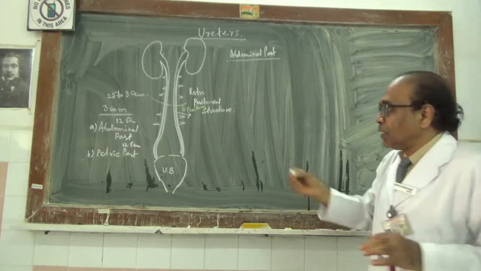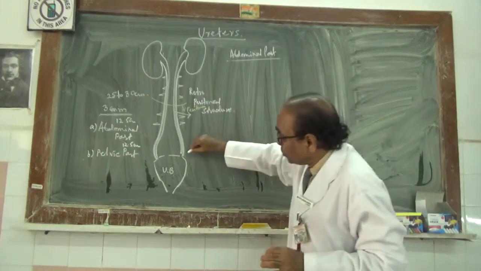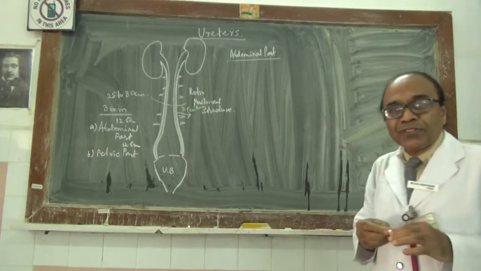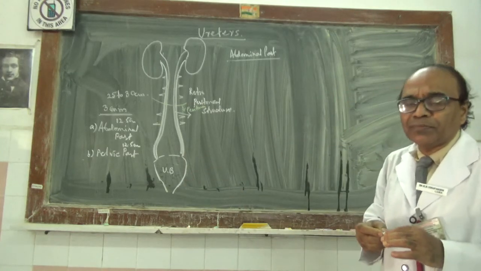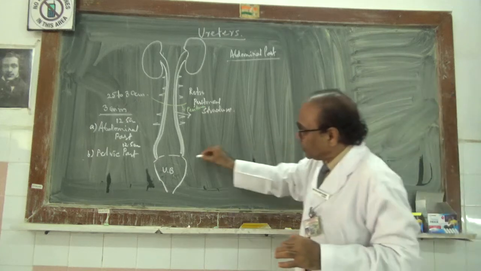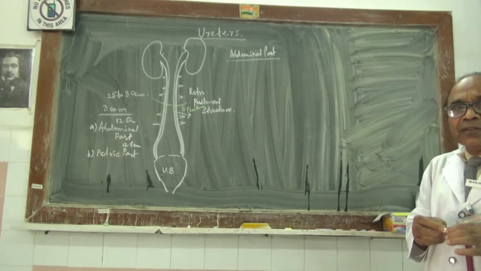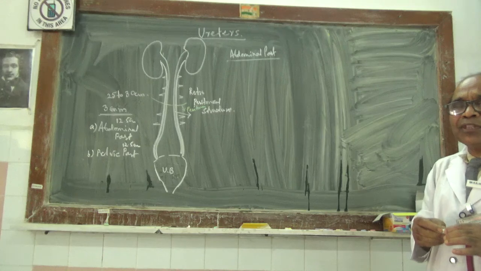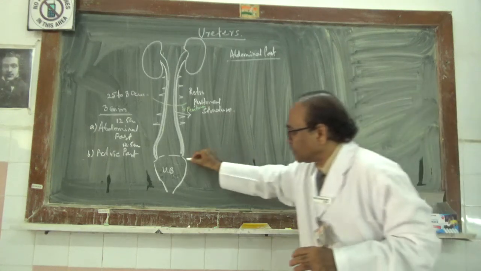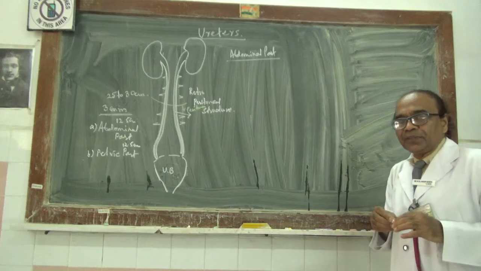That is the abdominal part. While the pelvic part starts from the brim of the pelvis to the entry into the upper lateral posterior surface of the urinary bladder, where it opens. So that is called the pelvic part.